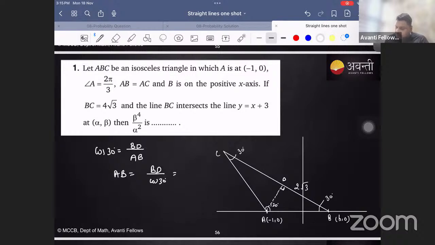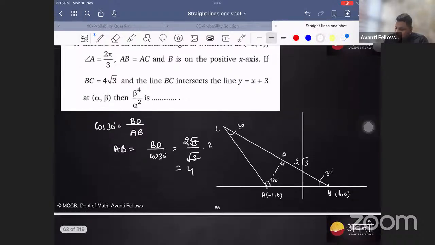Yes or no? And BD is 2 under root 3, and cos 30 is root 3 by 2. So the answer goes 4. So AB length is 4. Now if A is (-1, 0), that means this point B has to be (3, 0) because this AB length is 4.